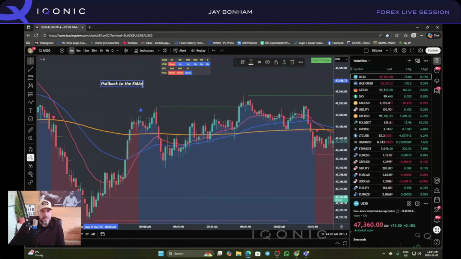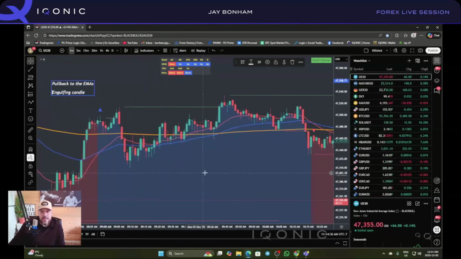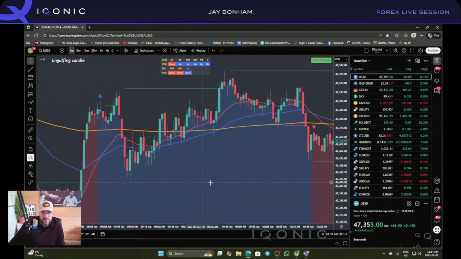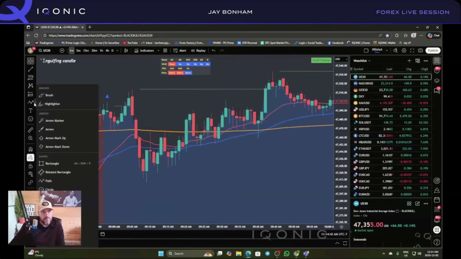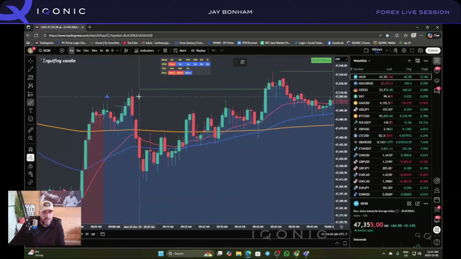Then we need to see an engulfing candle. Okay, we want to see an engulfing candle. Everybody here know what an engulfing candle is? An engulfing candle is a candle that engulfs the previous candle in the other direction. So as you can see on the pullback, we have these red candles, right?